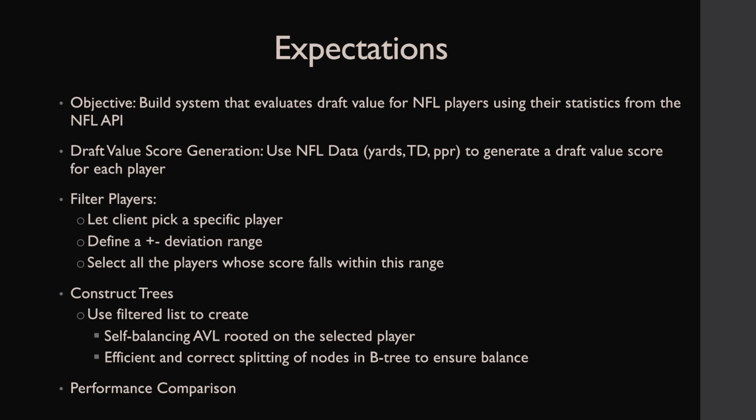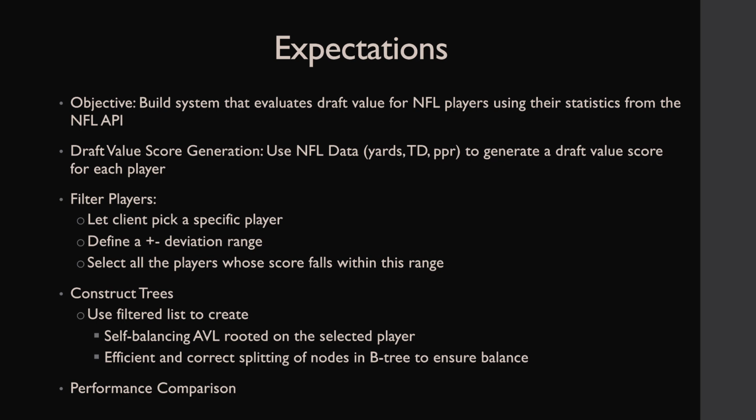Then once we have that, we're able to construct the trees. So the goal was just to build 2 trees, a self-balancing AVL tree that is rooted at the specific player, and the goal in mind was to have O(log n) performance for search and insertion and provide constant rebalancing after said operations.